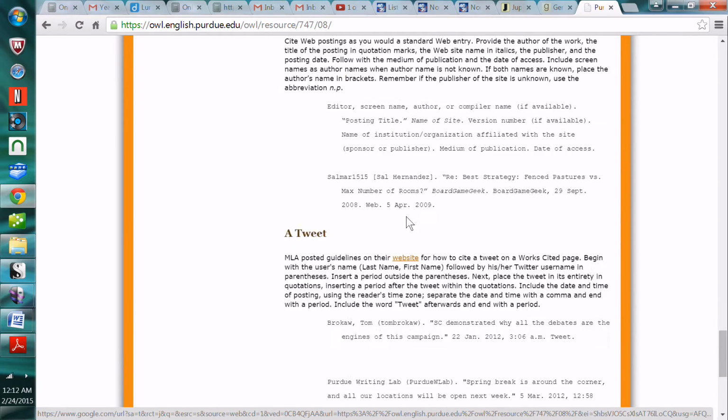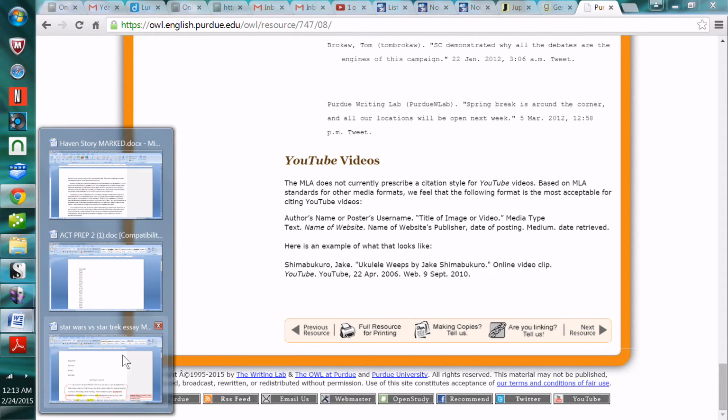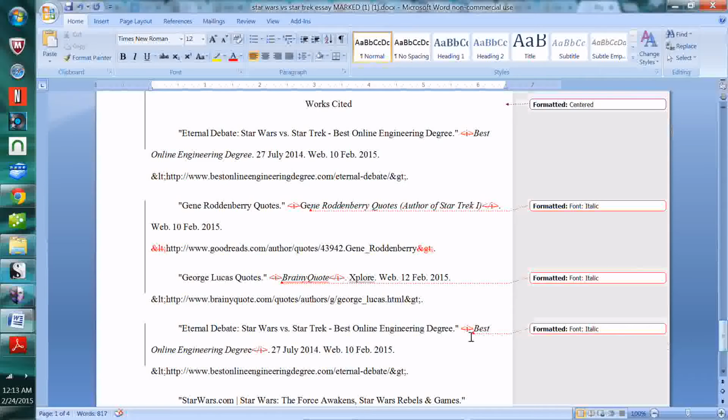I don't see a good example, but go ahead and look, and I'll look it up too. So when you do your works cited page, I know that that's some type of formatting. It's formatting language, and it's very possible that it is this.